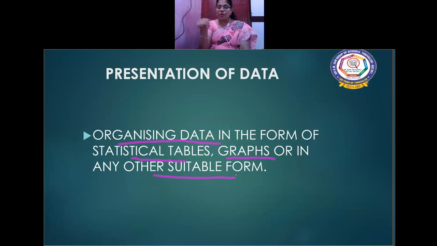Like that you can plot it in a graphical representation, or follow some other diagrammatical representation, so that whatever you want to expose can be understood in a tabular form, a graph or a diagram.